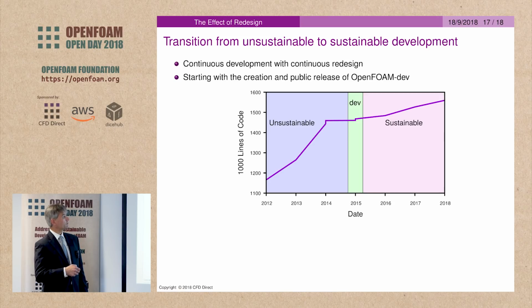Starting with the creation of the release of OpenFOAM Dev here. Now, prior to that point, we see this exponential growth in lines of code. We've got this flattening region where I'm doing a lot of work over the 6 months to rationalize the code. And now we're in a much more carefully organized development, maintenance, redesign strategy.